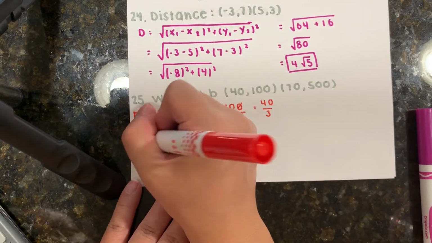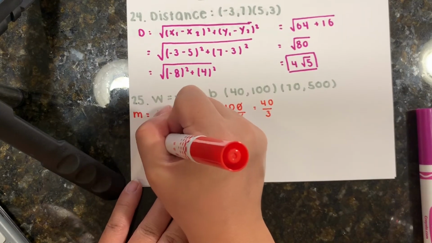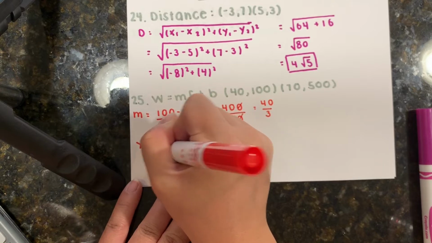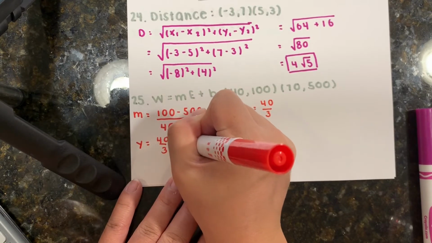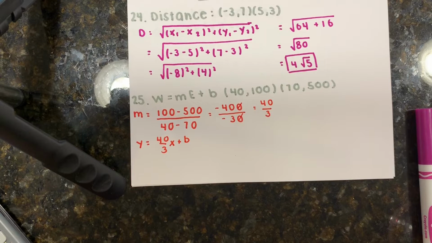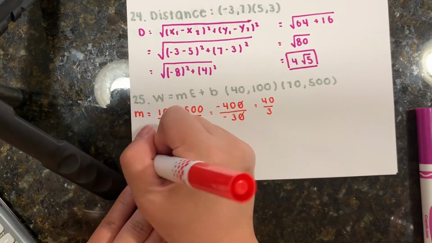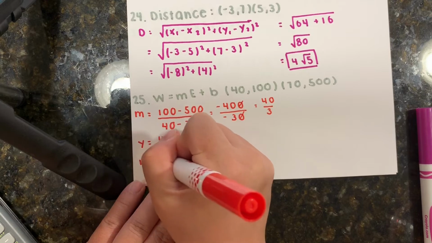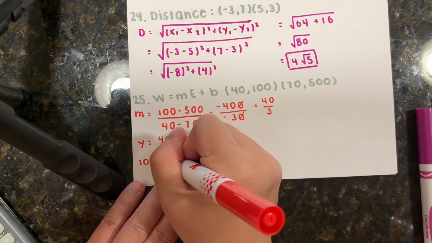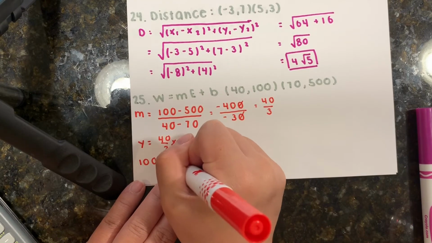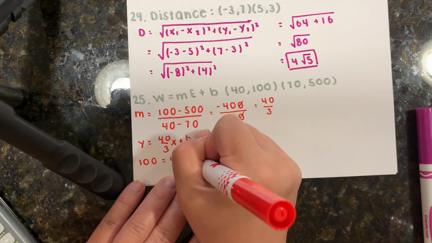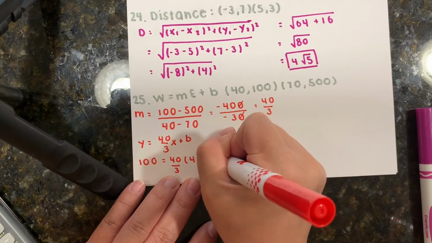Now that's our slope. So y equals 40 over 3 x plus b. I'm going to solve for b by plugging in one of my points. I'm going to plug in this point. So that would be 100 equals 40 over 3 times 40 plus b.